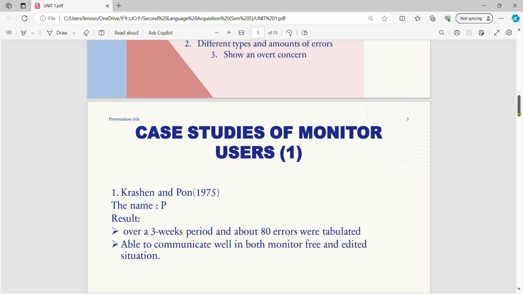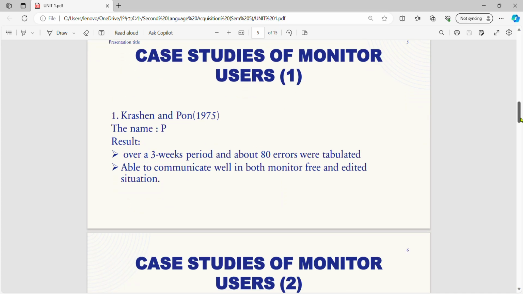The case studies that they have found from Krashen and Pon is there is a person that we can call P, and the result is that over a 3 week period about 80 errors were tabulated, and they also found that P was able to communicate well in both monitor-free and edited situations.